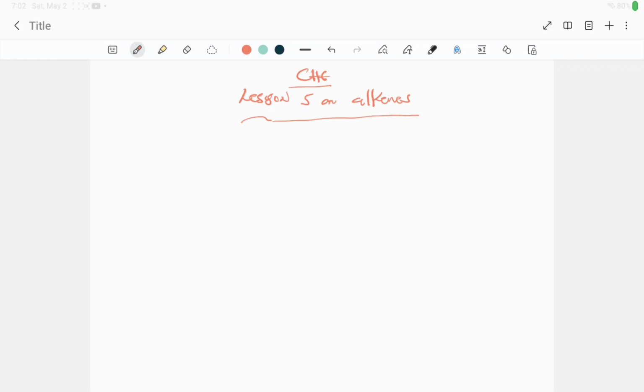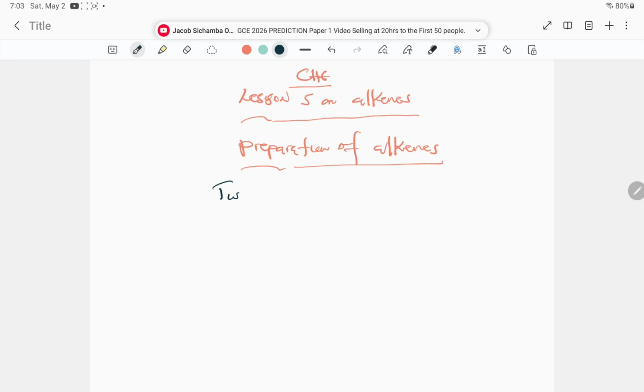So lesson 5 on alkenes, we're looking at preparation of alkenes. Alkenes can be prepared by using two methods.